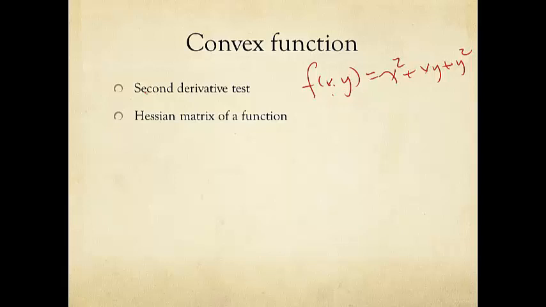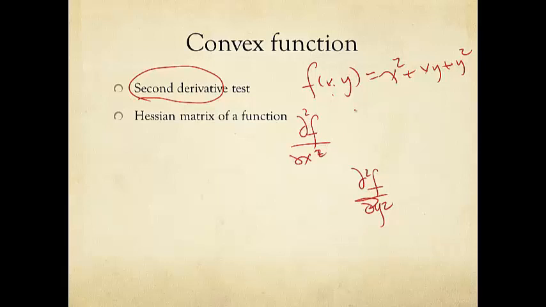Now, what is the second derivative of a multivariable function? It's not a simple expression anymore. It's not a number. It's a matrix. With the partial derivative of this function with respect to x twice, and with respect to y twice, and with respect to both x and y, and with respect to both y and x.